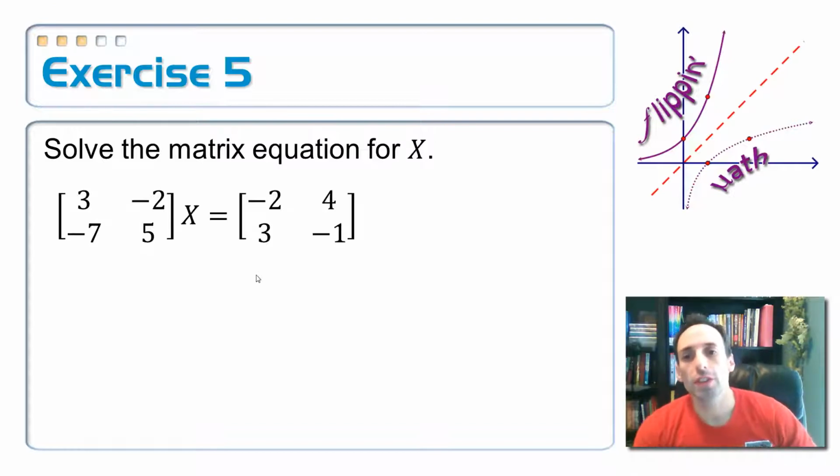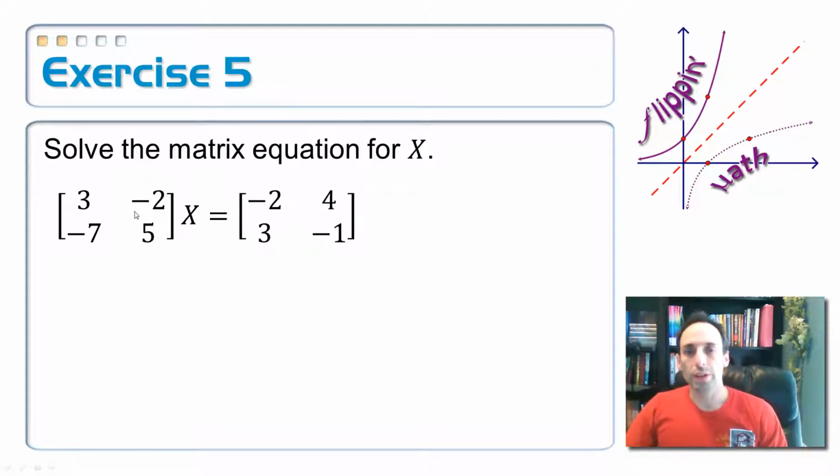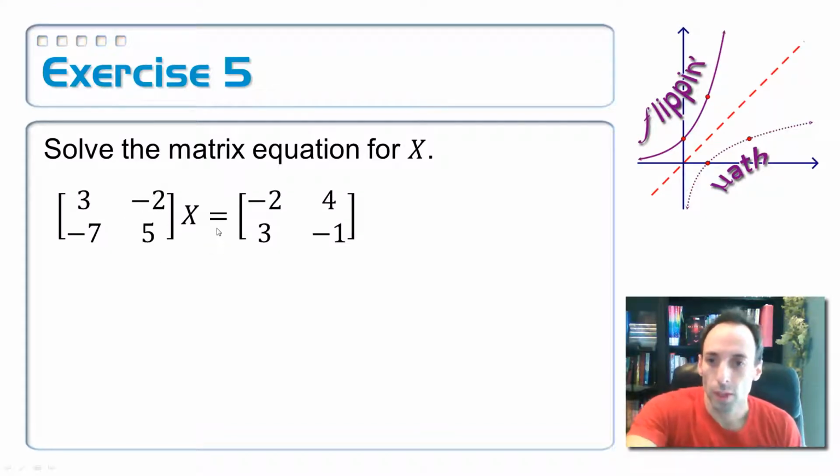So let's give this a try on this example. I'm going to solve this matrix equation for X, and X is just another matrix. It's being multiplied by this matrix right up front, so in order to get rid of it, I need to multiply by the inverse. So here we go.